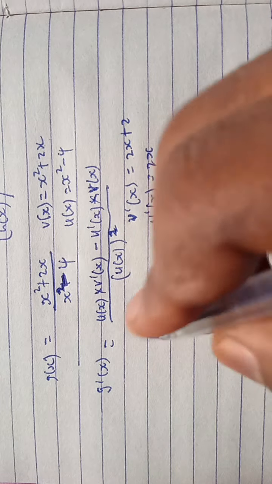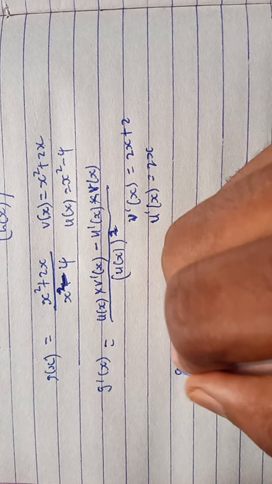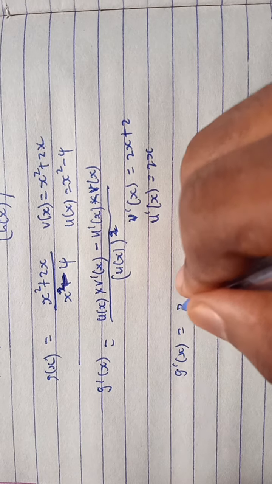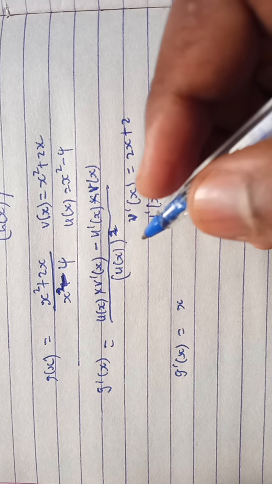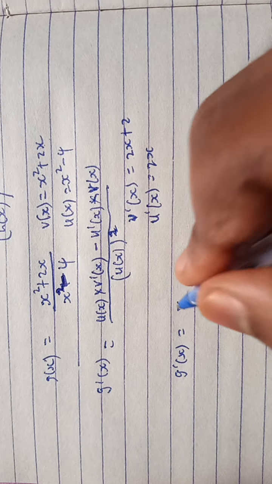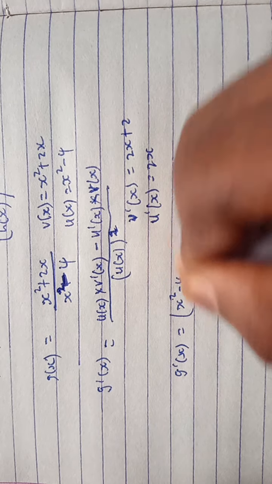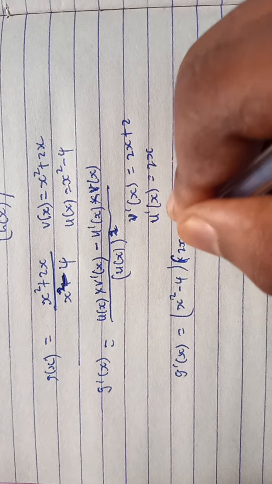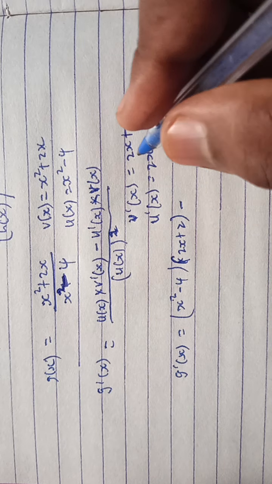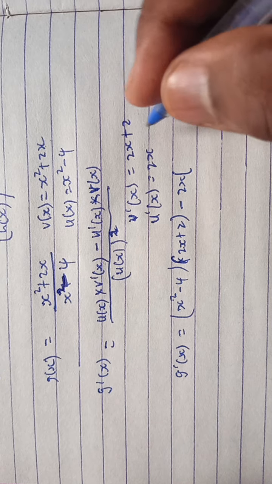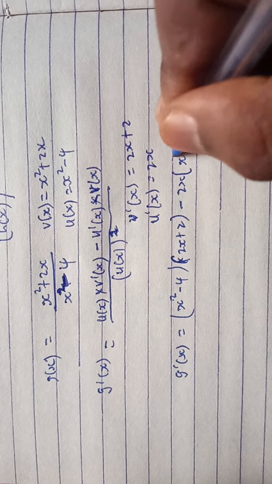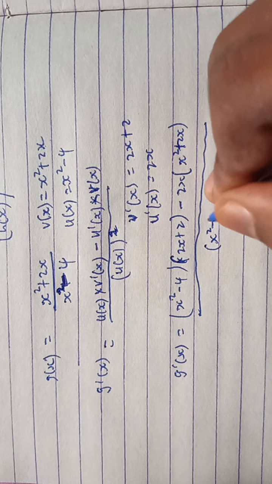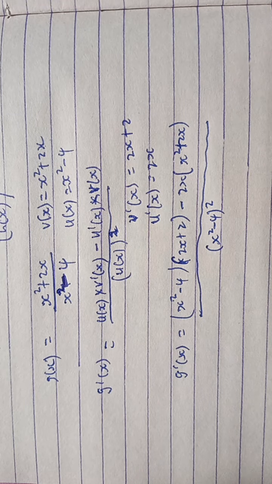So if we are substituting, we will have g prime of x to be equal to u of x, that is the one below, u of x, which is x squared minus 4, multiplying by v prime of x, which is equal to 2x plus 2, minus u prime of x, which is 2x, multiplying by v of x, which is x squared plus 2x, all over u of x, which is x squared minus 4 all squared. So guys, this is what we've had.